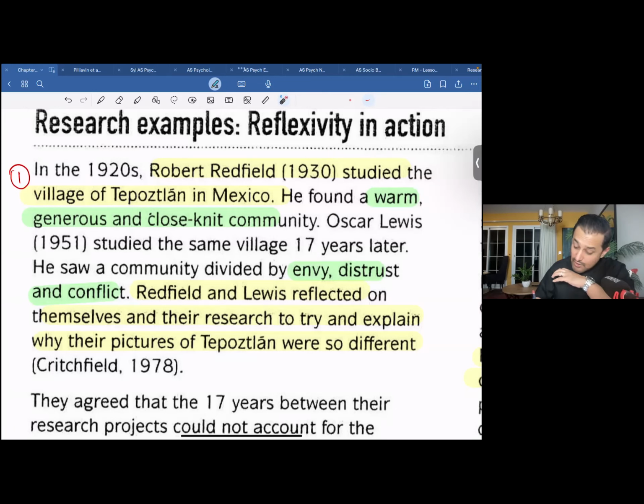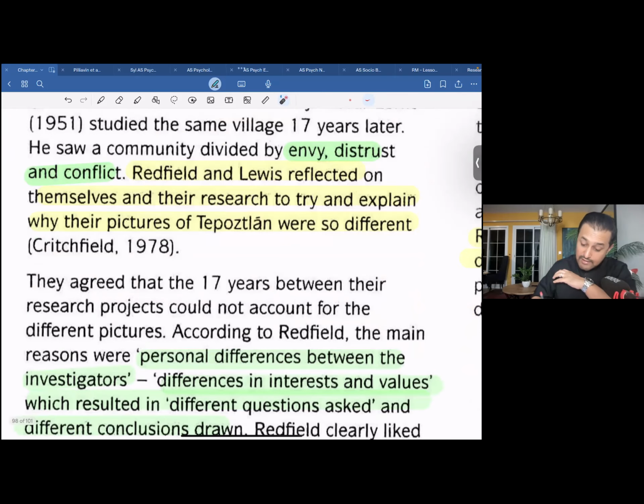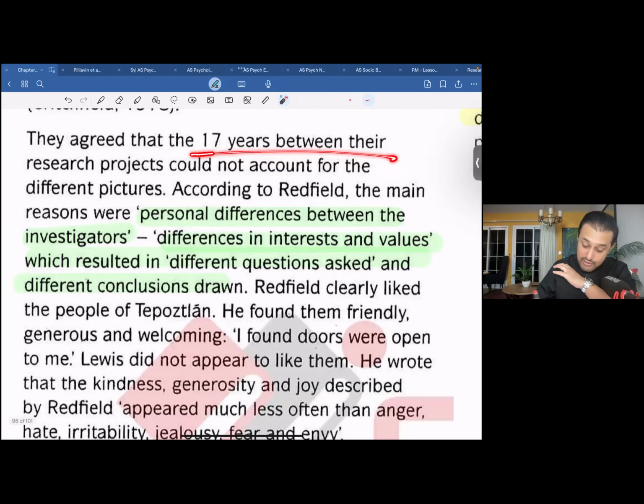So yeah, Redfield and Lewis reflected on themselves and the research to try and explain why their picture of Tepoztlán was so different. They agreed that the 17 years between the research projects could not account for the different pictures. So this is an agreement that they hold.